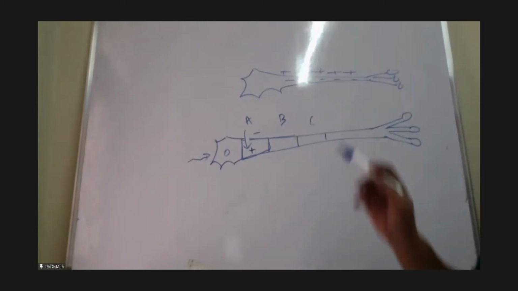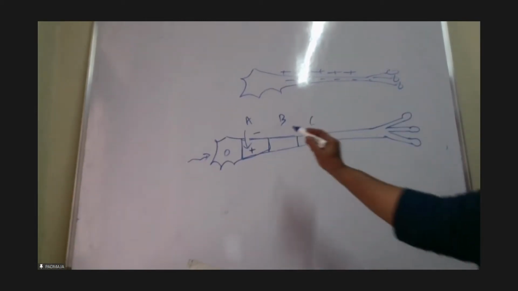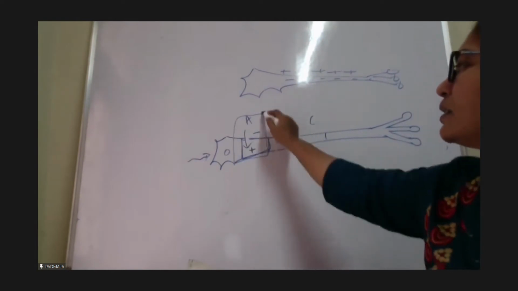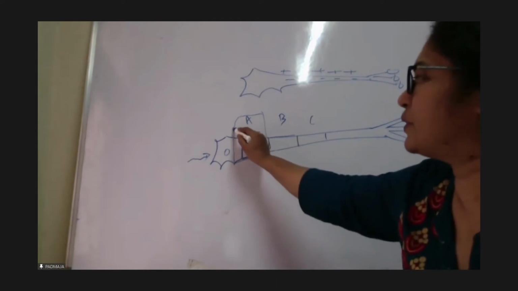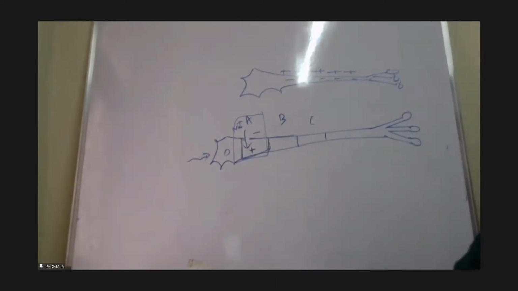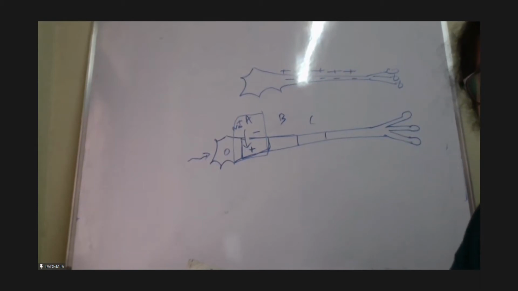Only in the initial segment is the permeability for sodium changed. So sodium ions flow inside, and as they flow inside it becomes positive.